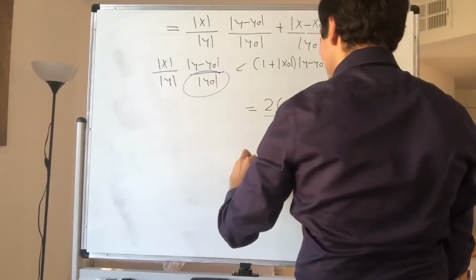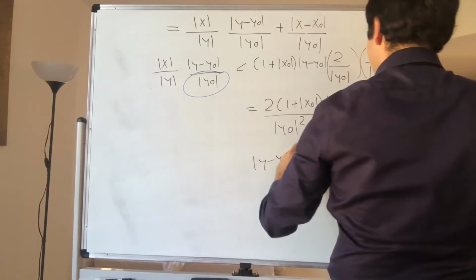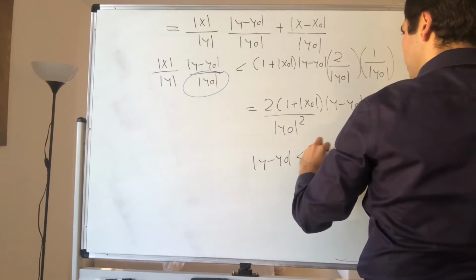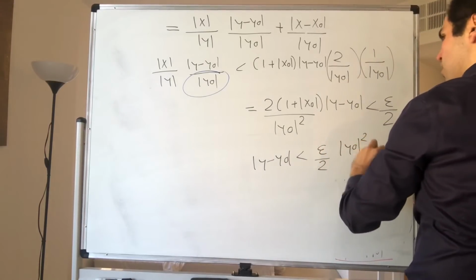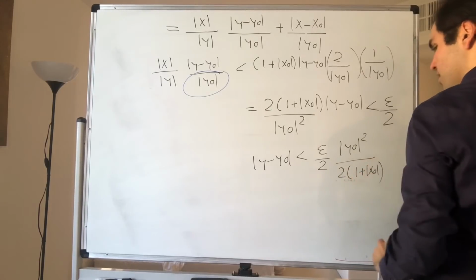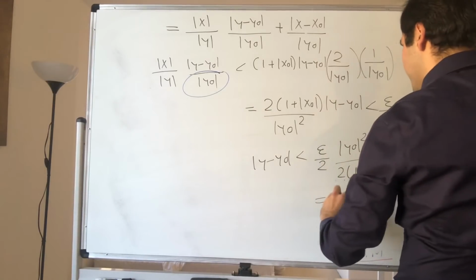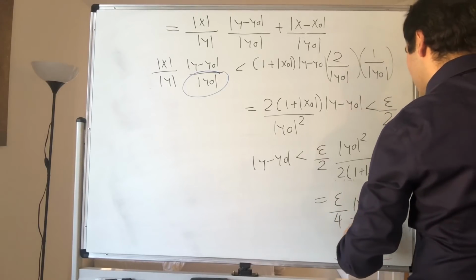So let's make |y minus y naught| be less than epsilon over 2 times y naught squared over 2 times 1 plus |x naught|. And that becomes epsilon over 4 times y naught squared over 1 plus |x naught|.